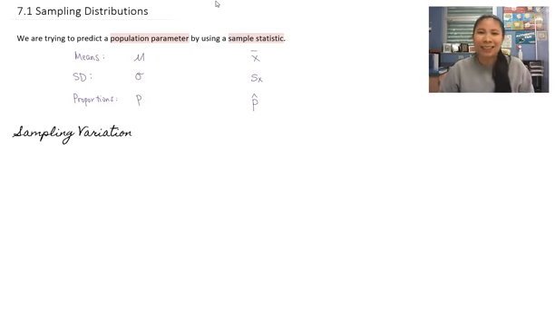Hopefully, it's not exactly the same. I'm probably going to come up with a different mean or different proportion. Whatever I'm trying to study, those numbers are going to be different. So sampling variation just talks about the fact that when you take a different sample, even though it comes from the same population, those sample statistics change every time.